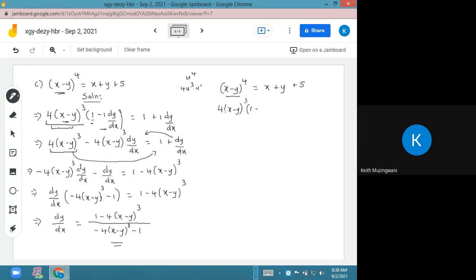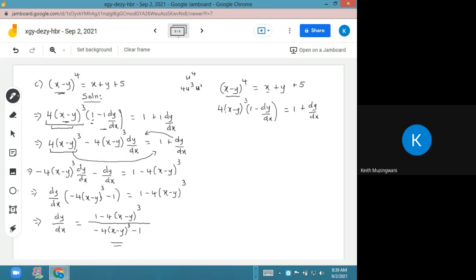We differentiate y, so we have minus 1 multiplied by dy/dx, is equal to, we differentiate x, we get 1. We differentiate y, we get dy/dx. It is u prime, guys.